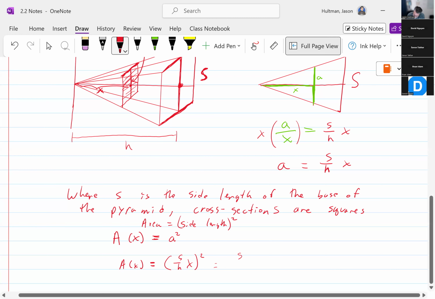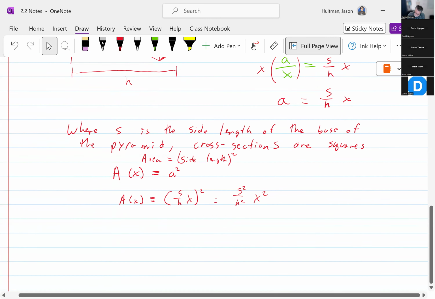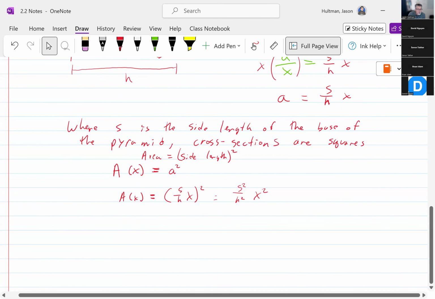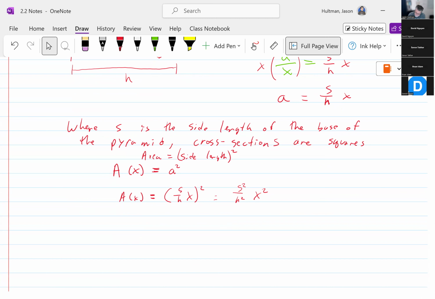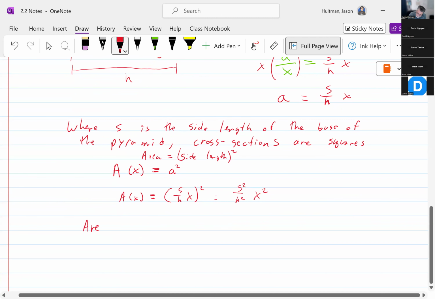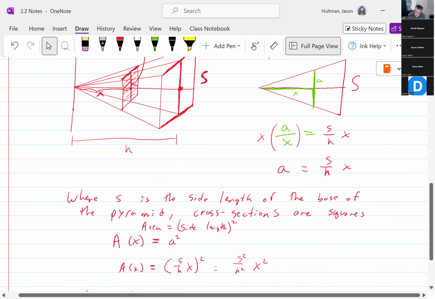This will equal S squared over H squared times X squared. So that's the area of the cross section. That's good. To find the volume of the pyramid, we're just going to add up all of the infinite cross sections that we can have.